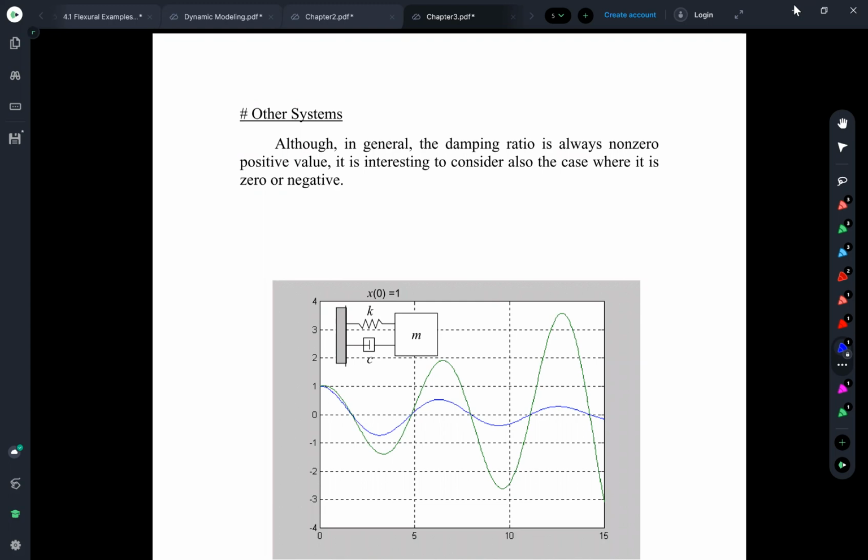If you're interested in that, you can Google and research. You will find that some engineers try to explain the collapse of the Tacoma Narrows Bridge by assuming negative aerodynamic damping. That's why the vibration is very large and the bridge collapsed. But normally we don't have this.